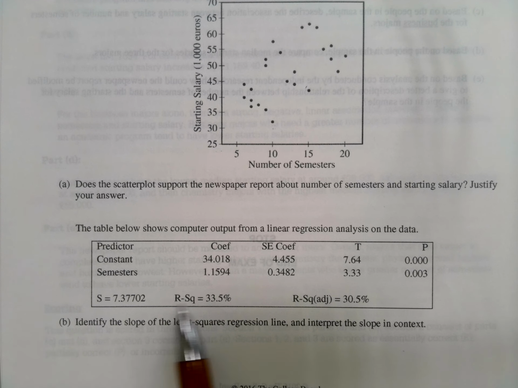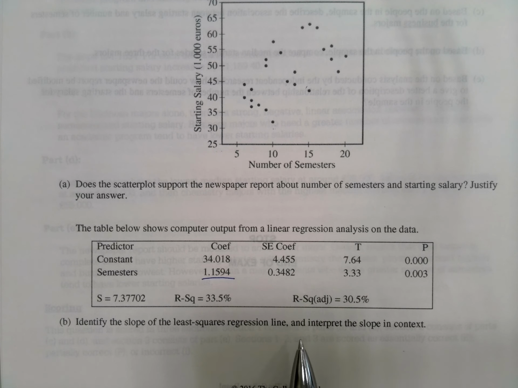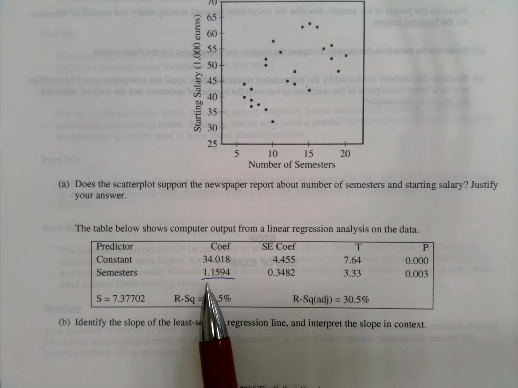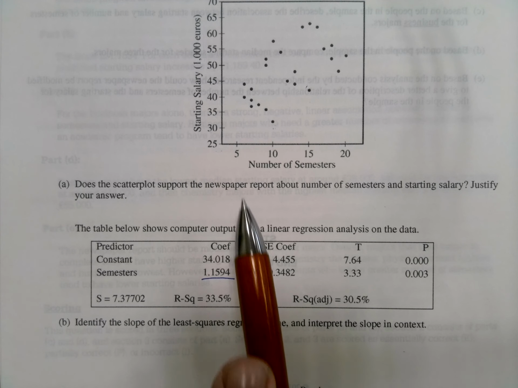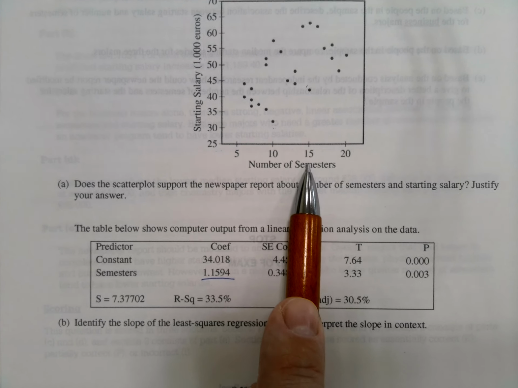We have that. We also have r squared there. Identify the slope of the least squares regression line. Well, that's 1.1594, and interpret the slope in context. So the way you want to word slope, so 1.15 or 1.16. So as the number of semesters increases by 1, and you do want to word it that way.